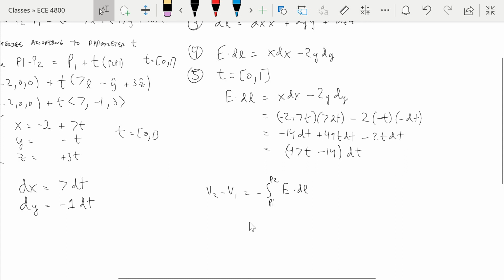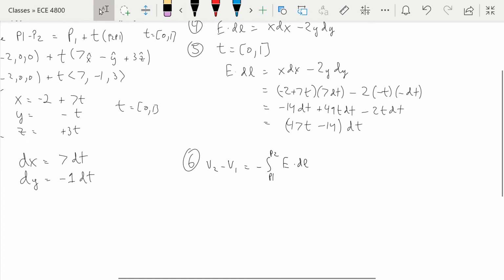So the last step is where we actually do the integration. So V2 minus V1 is equal to the negative integral from P1 to P2. And as we're going from P1 to P2, we're going to change this in terms of the variable t. So t equals 0 to 1.